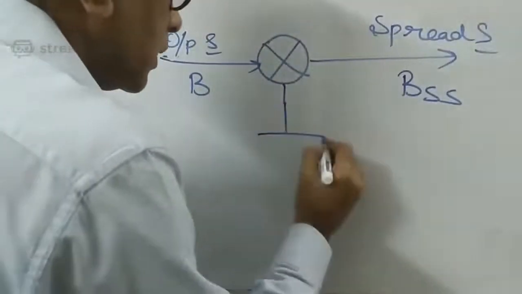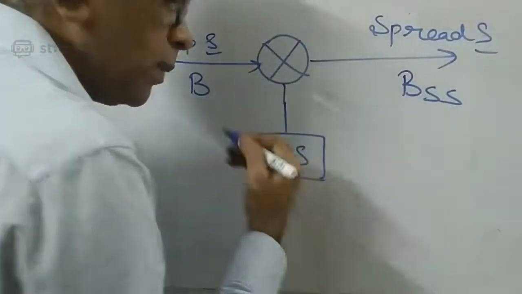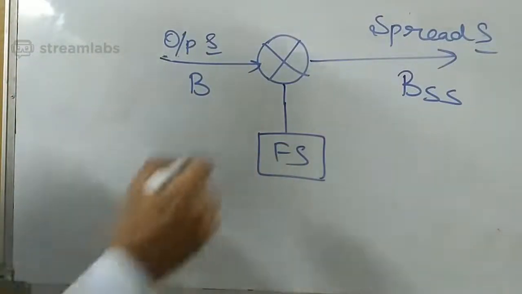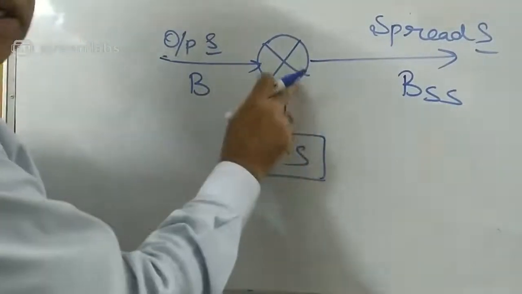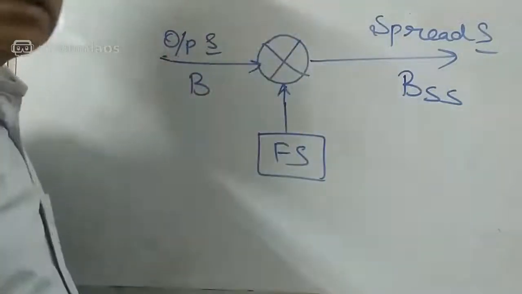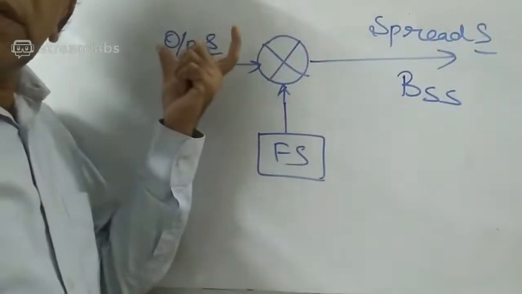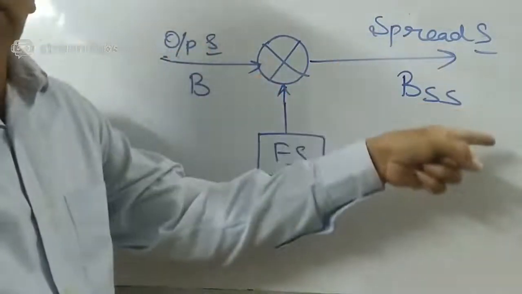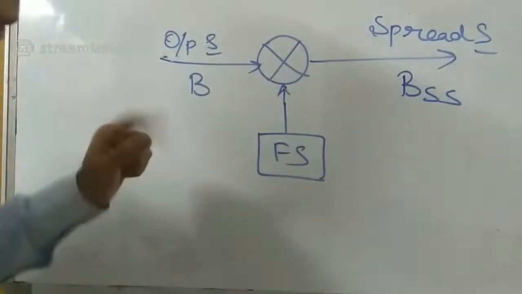I need an oscillator which is capable of generating multiple oscillation frequencies, and the frequencies generated by it will be multiplied with my signal generated by some input source. Then we are creating the spread signal.